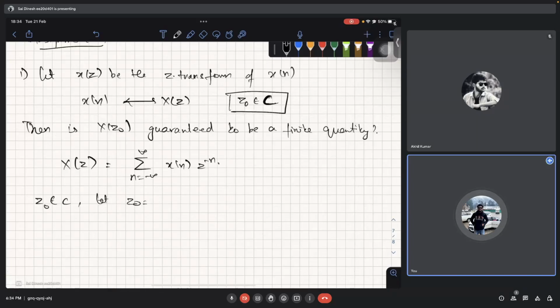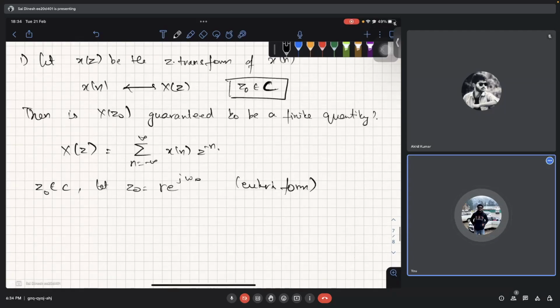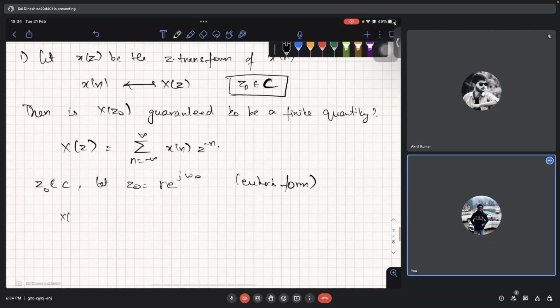Let z naught be equal to r e power j omega naught in the Euler's form. So in that case, what will x of z naught be? X of z naught will be the sum from n equal to minus infinity to infinity of x of n times r e power j omega naught, power minus n.